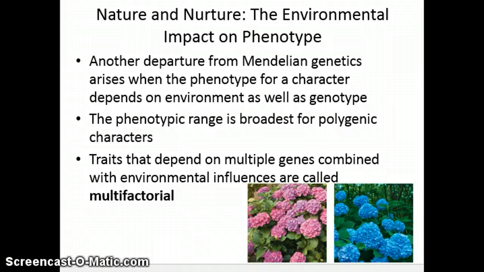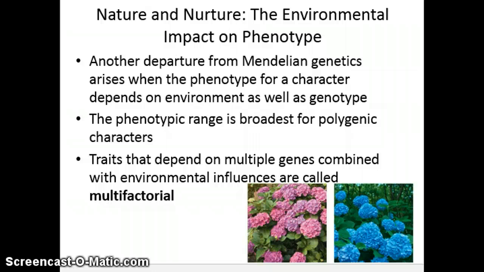Finally, what I want to look at is the effect of the environment on the phenotype. This is another departure from Mendelian genetics, and it occurs when the phenotype for a character is also influenced by the environment. We see that with hydrangeas, a really pretty flower that is influenced by the temperature where the plant is located.